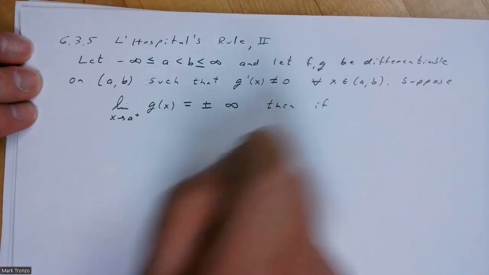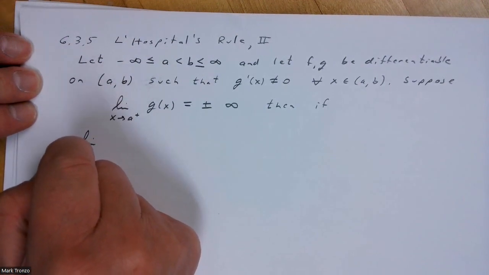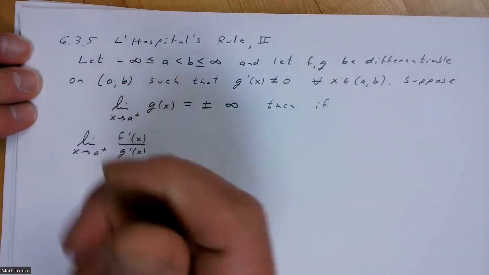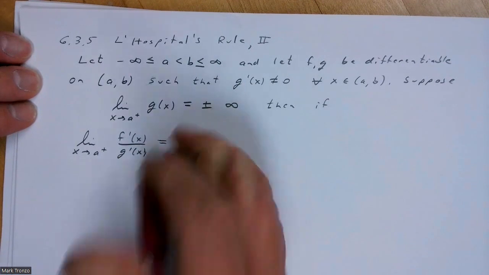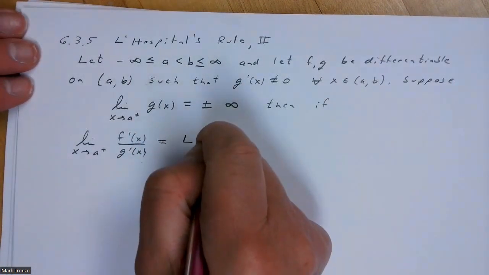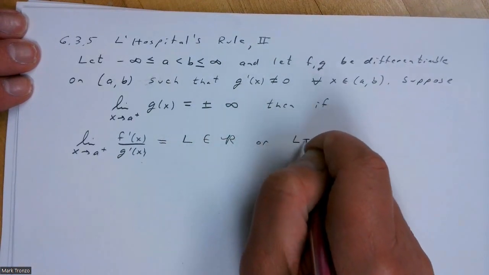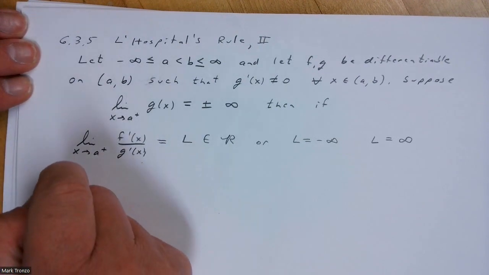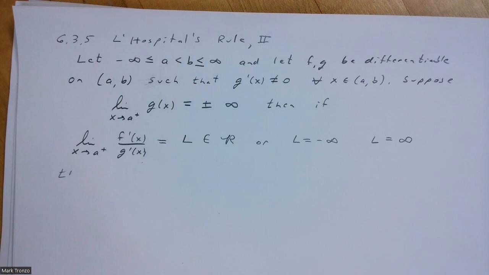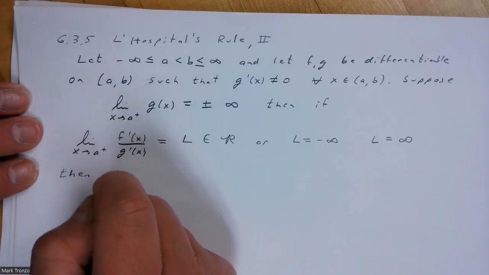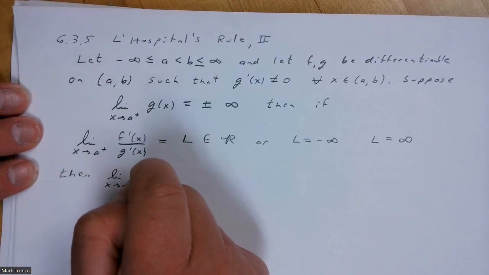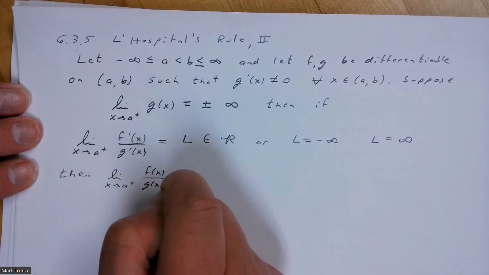Then if the limit as x approaches a from the plus side of f prime of x over g prime of x equals L, and L is in the reals, or L is negative infinity, or positive infinity, then the limit as x approaches a from the positive side of f(x) over g(x) is going to be equal to the limit.